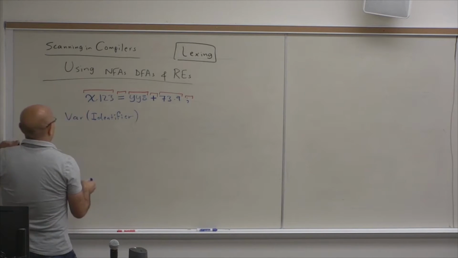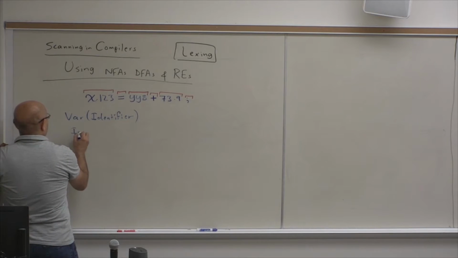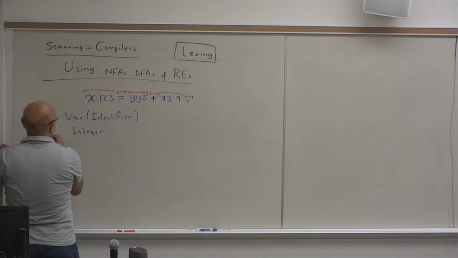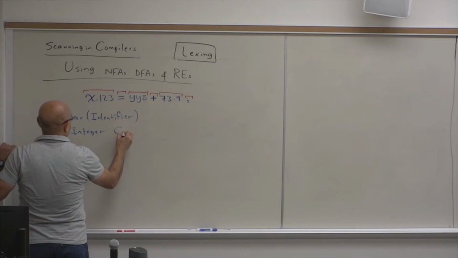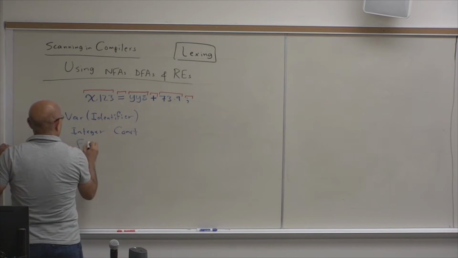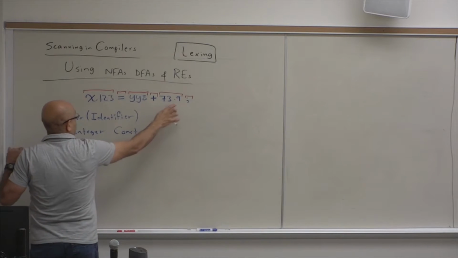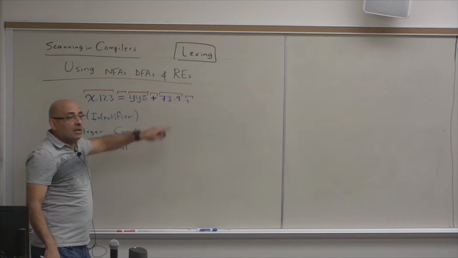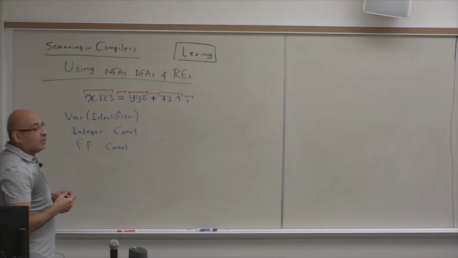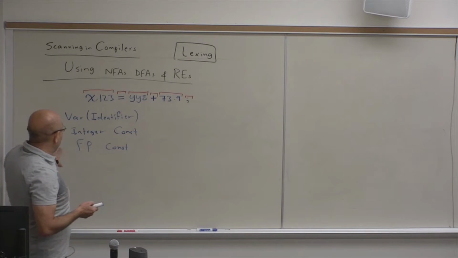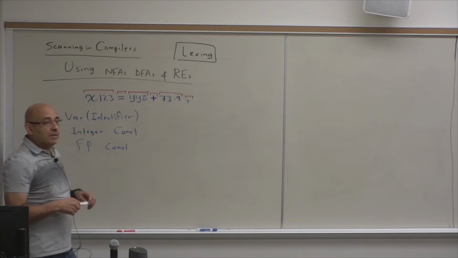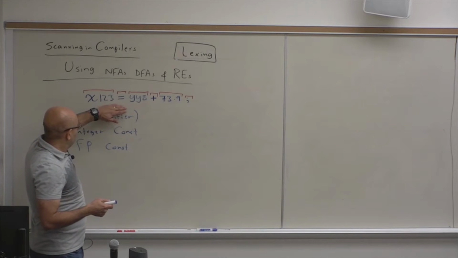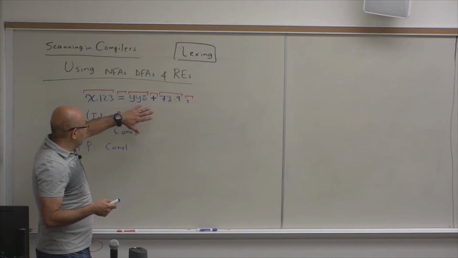A rule for an integer constant, or a floating point constant. So this doesn't match the rule for an integer constant, it matches the rule for a floating point constant, as we will see. We will write rules for variables, integers, and floating point constants in a minute. But before we do this, let's see how things work.